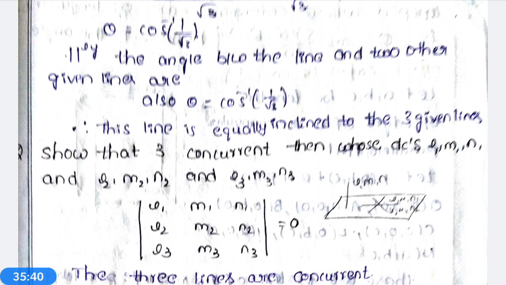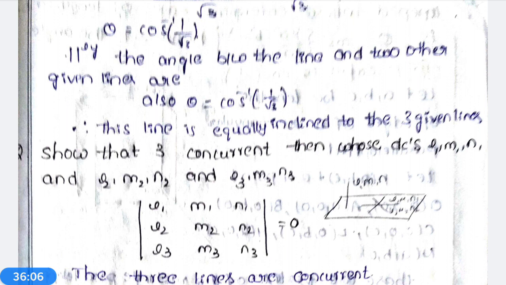Next problem. Show that three concurrent lines whose DCs are l1, m1, n1, l2, m2, n2, l3, m3, n3 satisfy that the determinant of l1, m1, n1, l2, m2, n2, l3, m3, n3 is equal to 0.